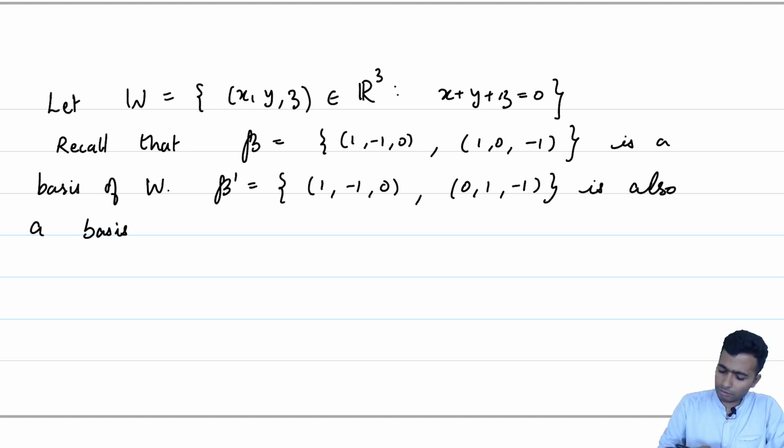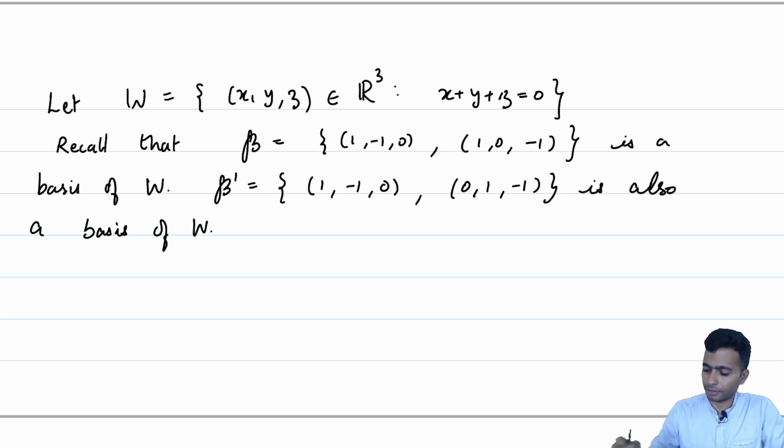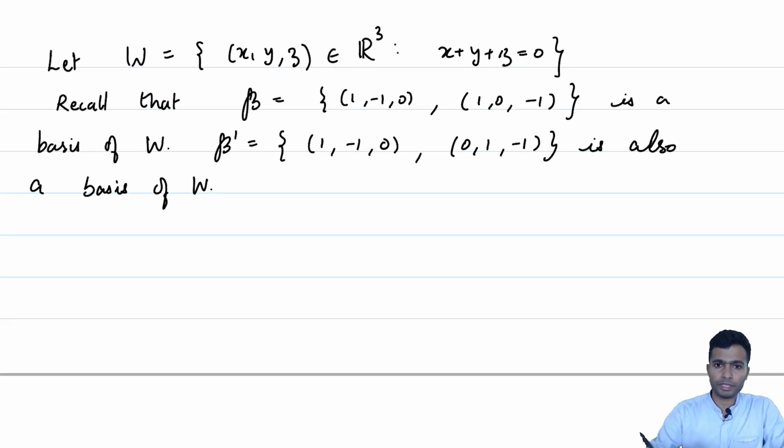In fact, we could get many bases of W using the same procedure, but no matter what basis you take, beta prime, you will observe that it has exactly two elements.